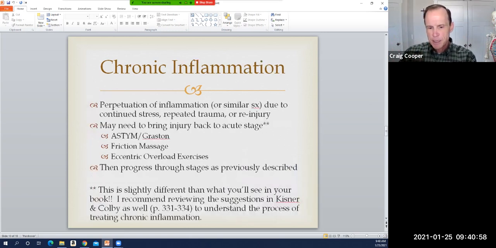Now, chronic inflammation, a little different deal. Chronic inflammation is going to be more of like our tendinosis type of situations where the person's had pain in that area for months, potentially years. Some of it could be up here where they just have that mentality of anytime I move that body part, it hurts.